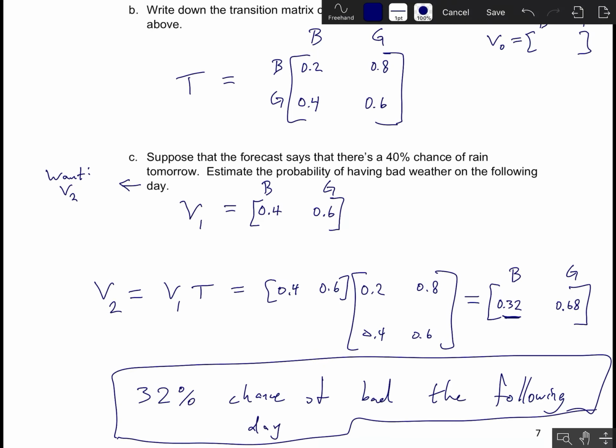Now, maybe I should mention something about this before I end the video. You can use Markov chains to do some sort of elementary weather prediction like this if you wanted to, if you knew the statistics of these transitions in your area. However, actual weather modeling is a stochastic process.